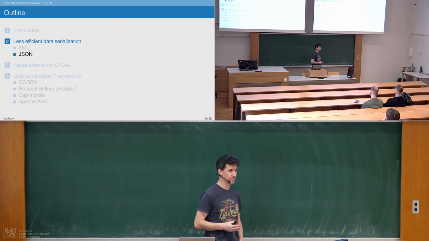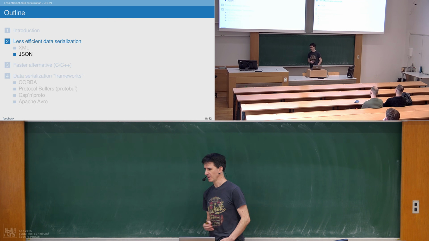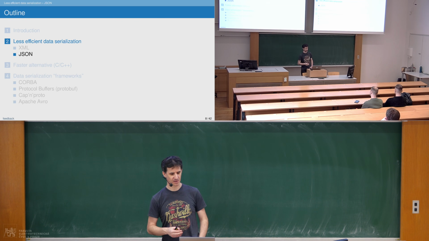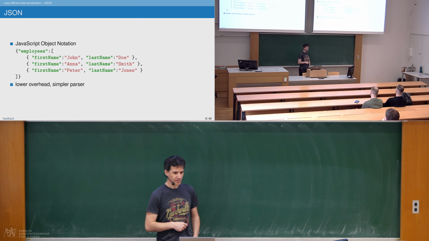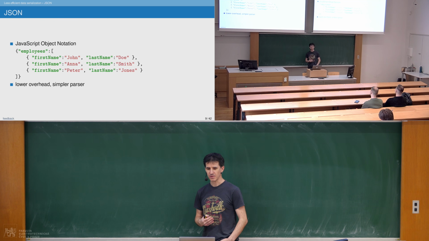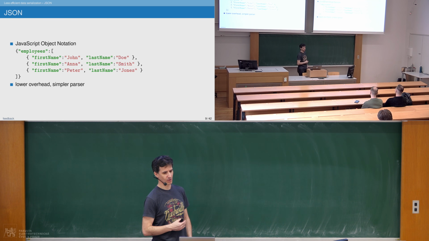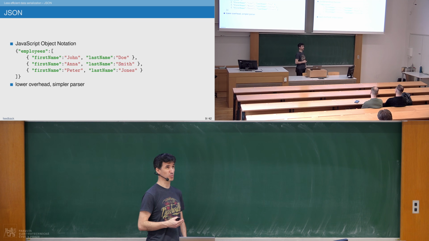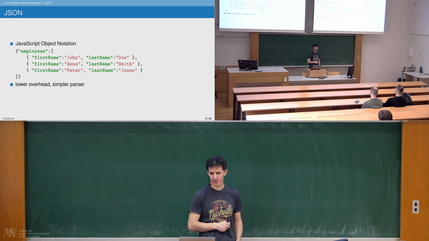The other option, which is very popular nowadays because every web browser, every programming language supports that, is JSON. JSON, which is JavaScript Object Notation, is like the native format understood by JavaScript, but nowadays almost all languages support it.